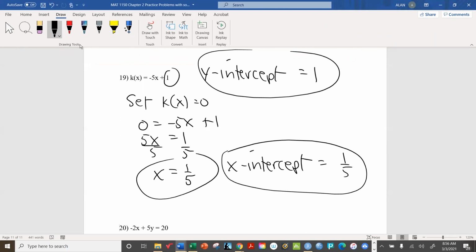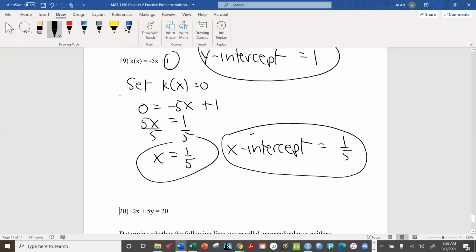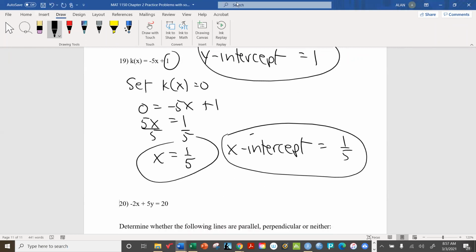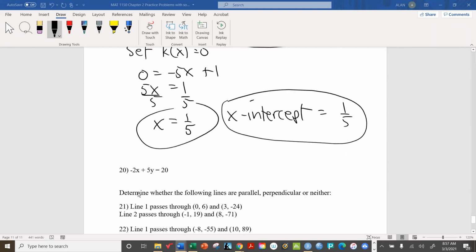Now, the last one you can see is not in the proper form. We'll have to do something about that one. All right, but so far, that's the only one. We have to move that to the other side.